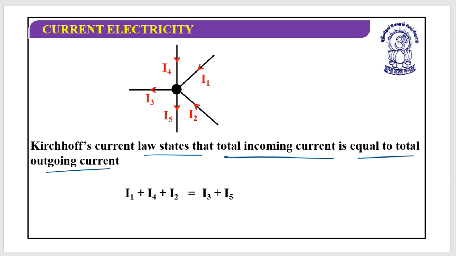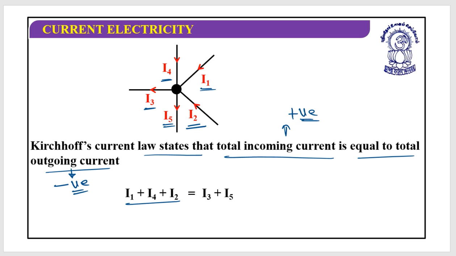The incoming currents according to this diagram are I1, I2 and I4, so I write I1 plus I4 plus I2 equals I3 and I5, because these two are the outgoing currents.